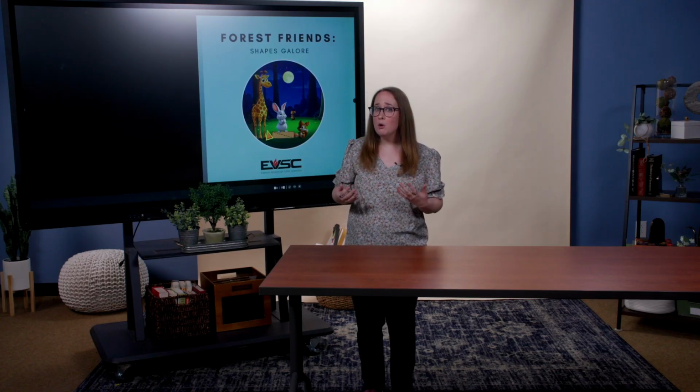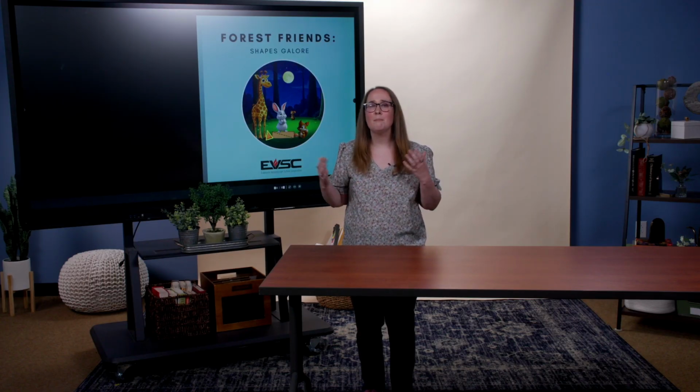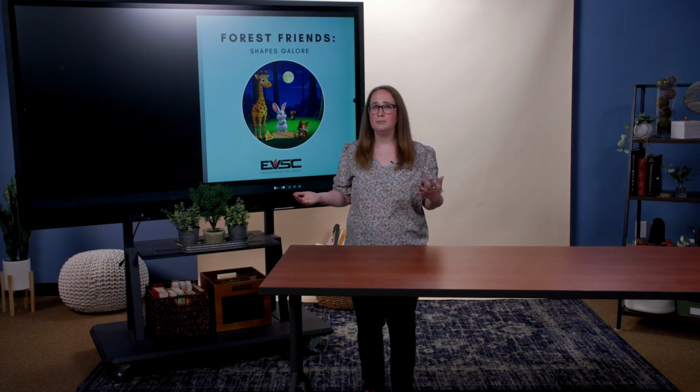Today we're going to read a story about our forest friends who go exploring in search of something specific. As we read today, we will think about what the whole story is mostly about. What the story is mostly about is called the main idea.